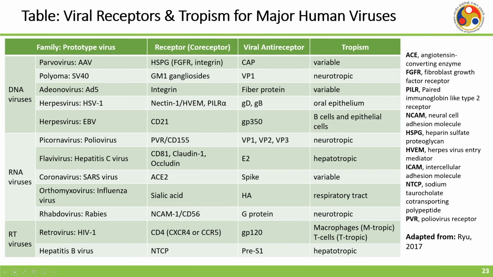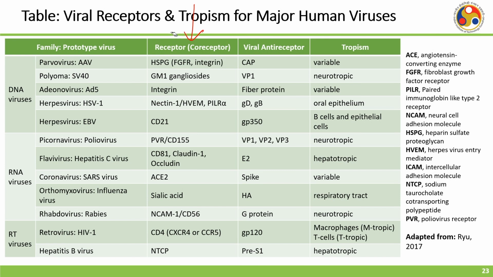So, there are various examples like parvovirus, polyoma, adenovirus, herpes virus, and then picornavirus, flavivirus, coronavirus, and then orthomyxovirus, rhabdovirus, which causes rabies, and then we have retrovirus, which causes HIV, and hepatitis B virus, and these are very, very challenging problems still haunting the world.